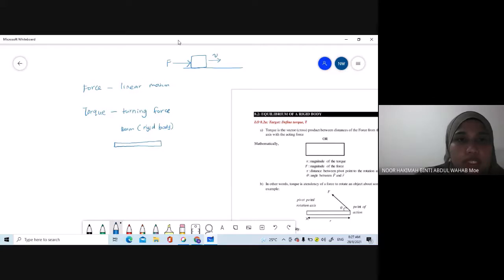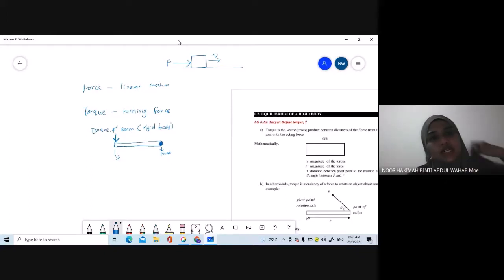If we put a force here, and let's say the beam is fixed at this point, then when we push with a force F, it will cause the beam to rotate in this direction. Then this force, we will not call it a force, we will call it a torque. So that's the difference between force and torque.